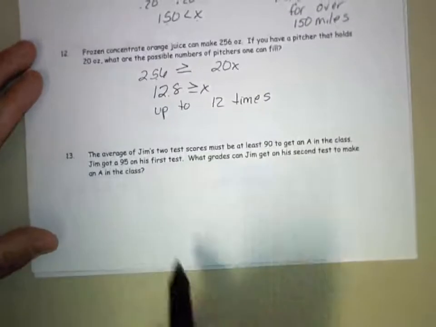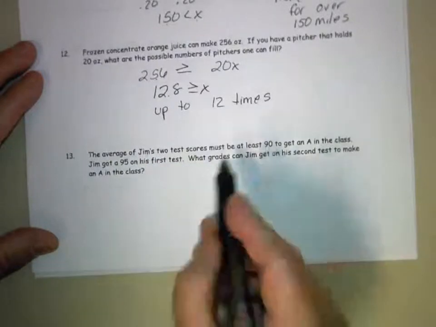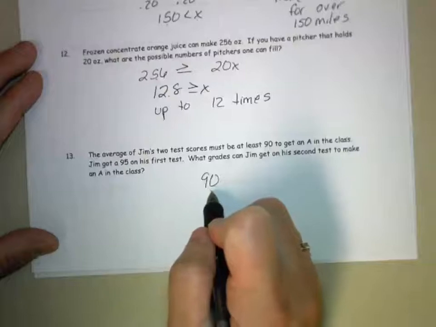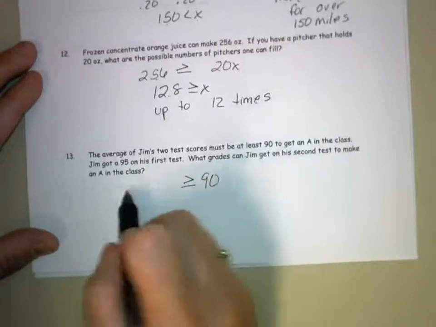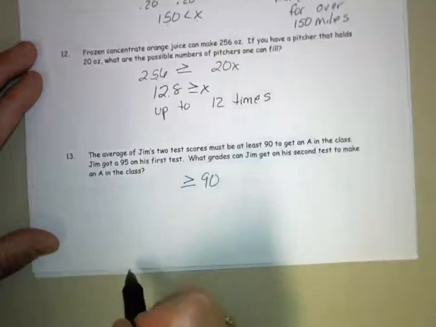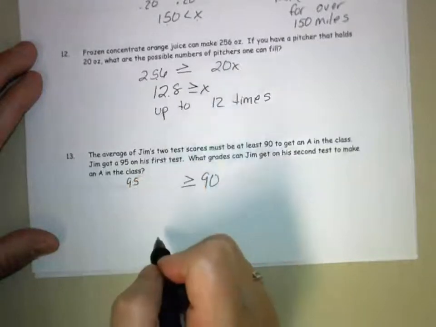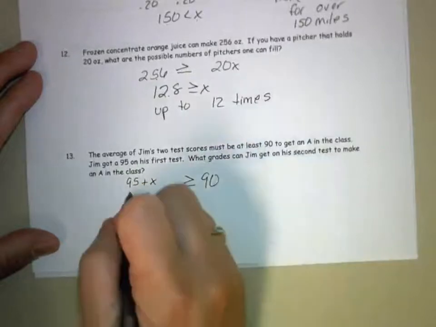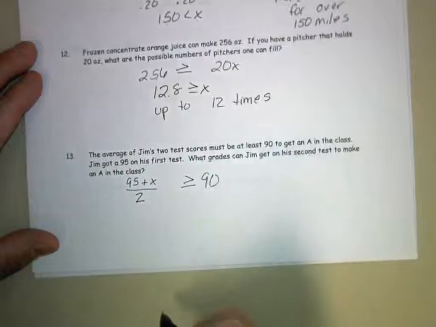And 13, average of Jim's 2 test scores must be at least 90. So this is the lowest it can be. So whatever's over here has to be bigger than 90. He got a 95 on his first test. We don't know what his second test grade is. And if you average those, they are greater than or equal to 90.